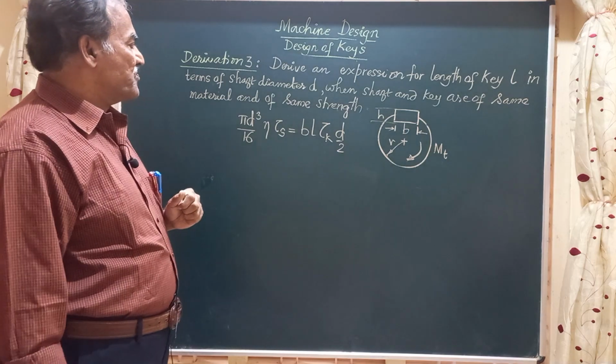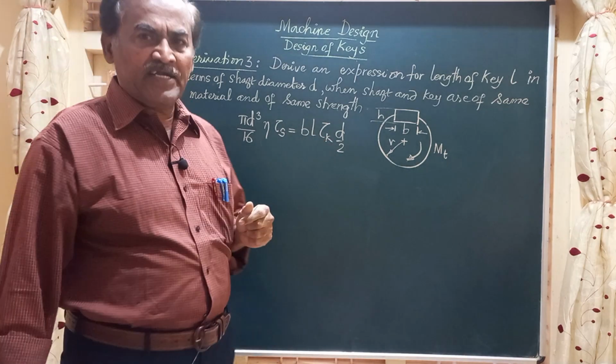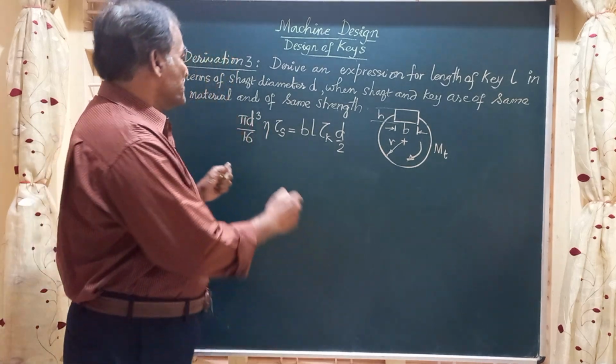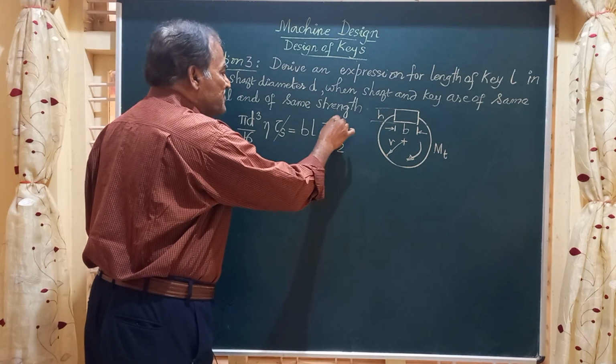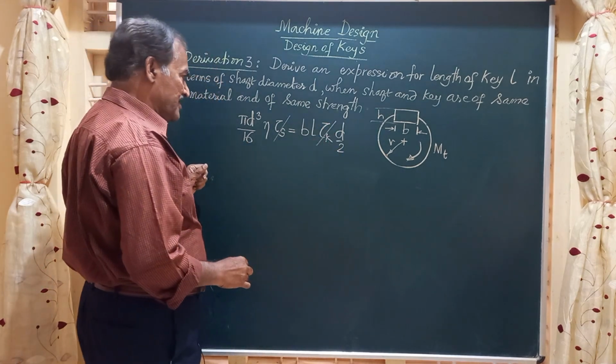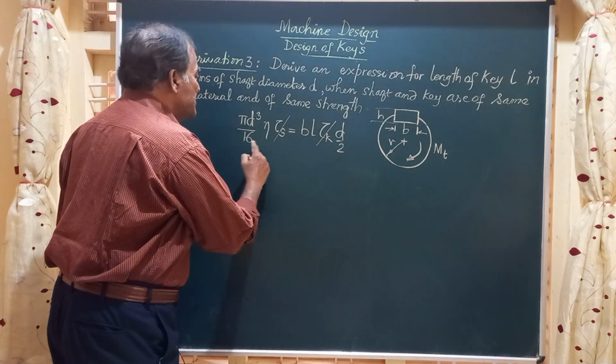Friends, here the shaft and the key are made of the same material. Hence, the value of tau s, the shear stress of the shaft, and that of the key tau k get cancelled. And here, one of these D gets cancelled. Here, 2 is here, 16 is here.